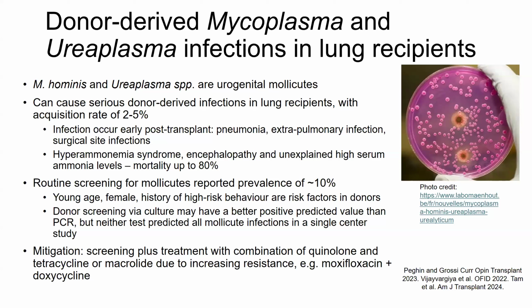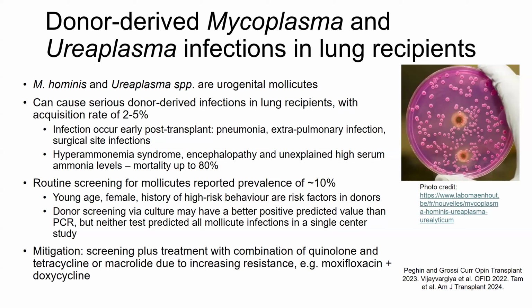But most significantly, the morbidity is hyperammonemia syndrome, encephalopathy, with unexplained high serum ammonia levels. And this confers very high mortality, up to 80%. Routine screening has reported a prevalence of about 10%.